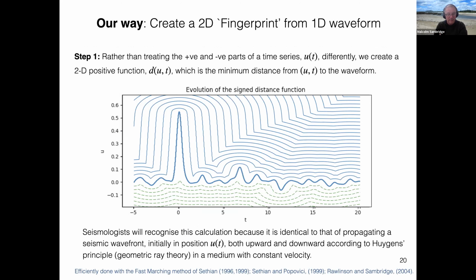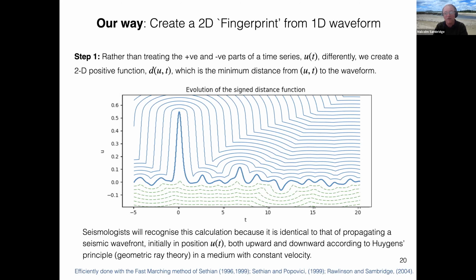Two steps. The first step is to take our waveform, which is our solid blue line here, and essentially find the distance function across our window. We're going to assume we have a time window, and in this case, an amplitude window. And for any point on the plane, you can find the nearest point to the waveform. And I've contoured that here.